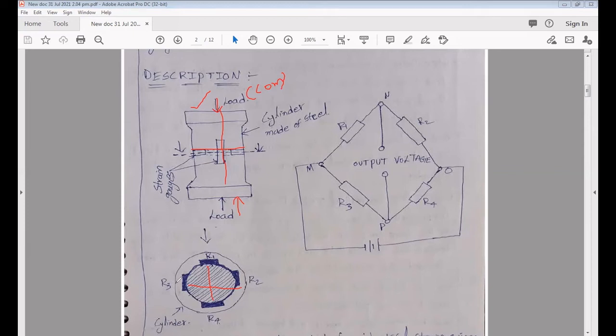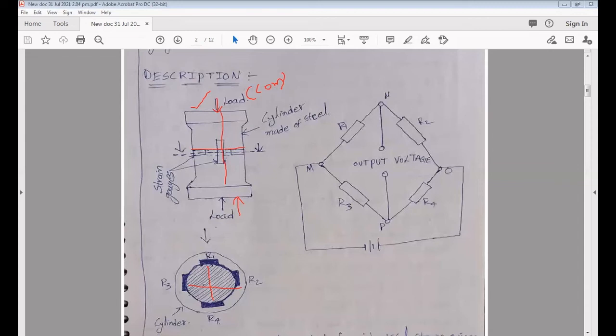Initially we are not applying any force on the cylinder, so R1, R2, R3 and R4 are all constant and equal in the 4 arms. Whenever we apply a compression or force on the vertical axis, what will happen?